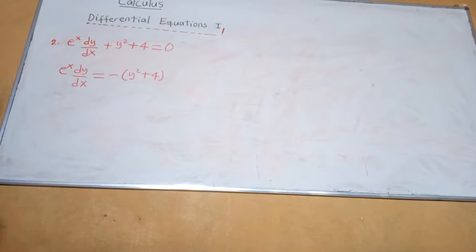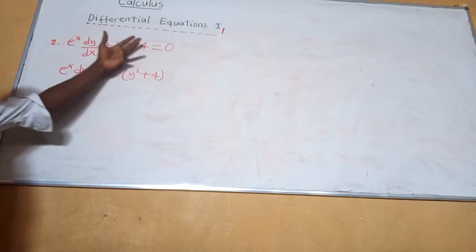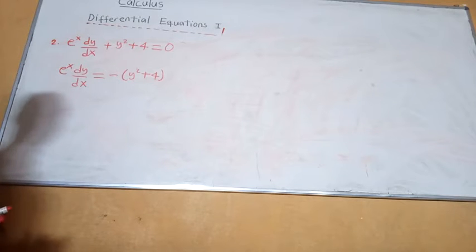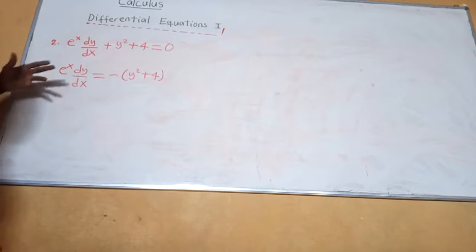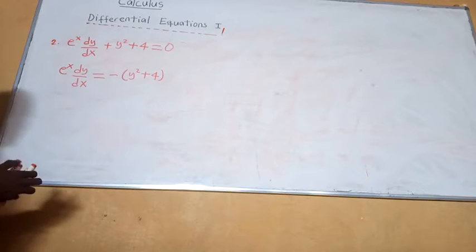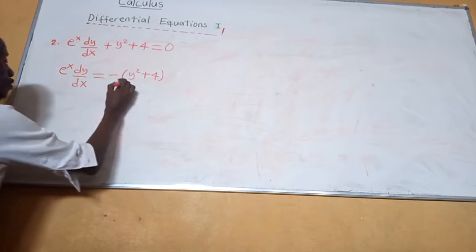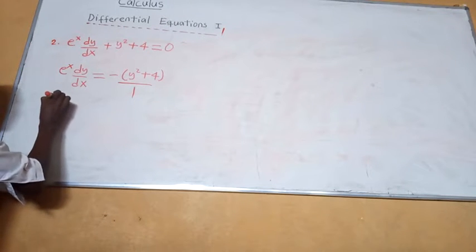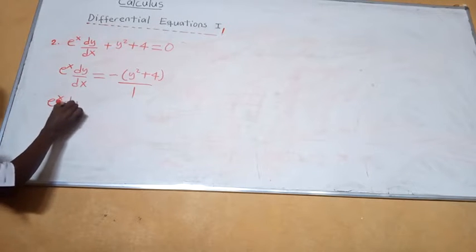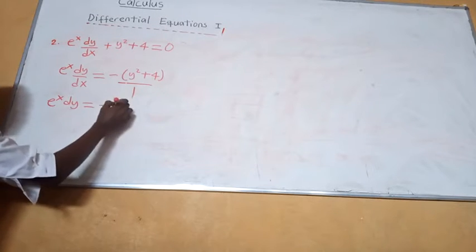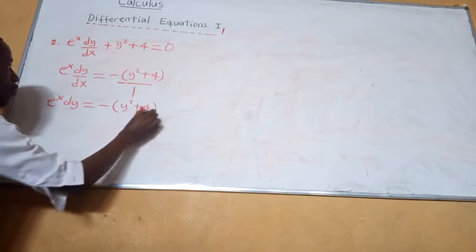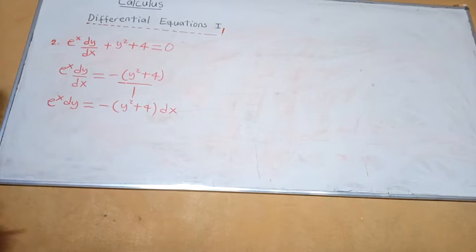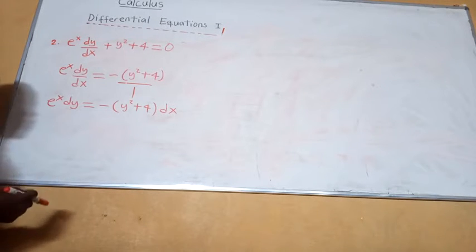Since we have sent y squared plus 4 across the equal sign, we can now see how we can separate our variables. Before separating our variables, we first need to get rid of dy over dx. So we balance this by 1 and do our cross multiplication. So we have e to the x dy equal to minus y squared plus 4 times dx. Now we have finished getting rid of the fraction, so we can now separate our variables.